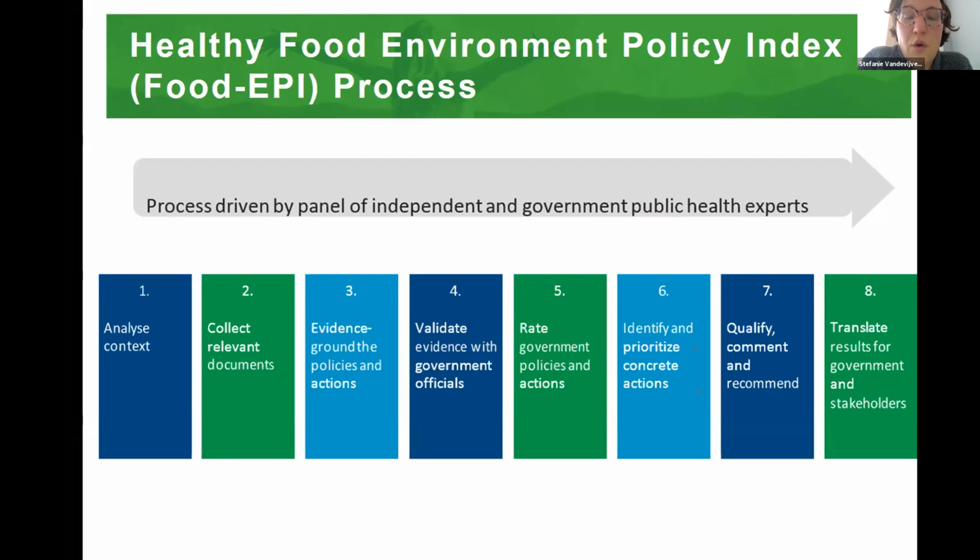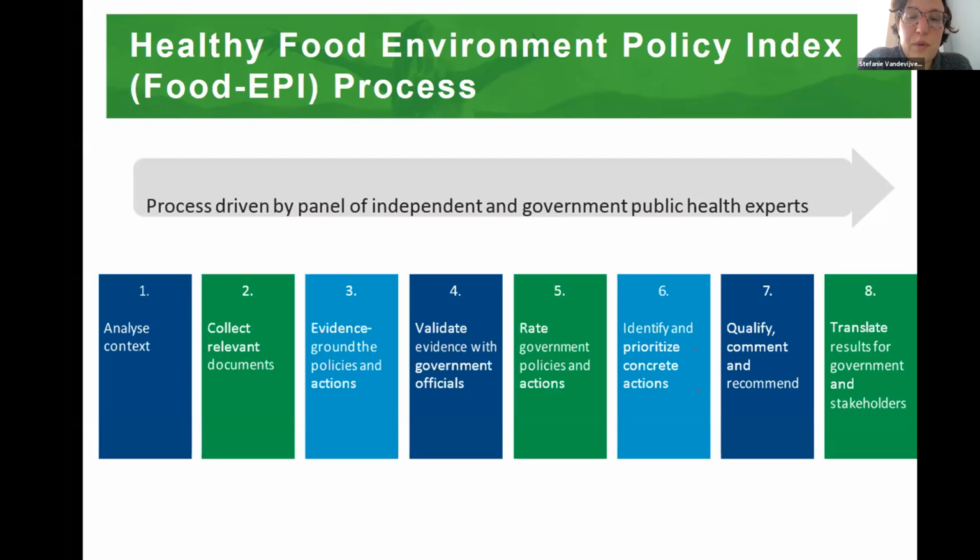So quite often this step is underestimated by countries. It takes up to 4 or 5 months to really do this well, and then to liaise with government officials to get the document to be comprehensive and accurate as well.